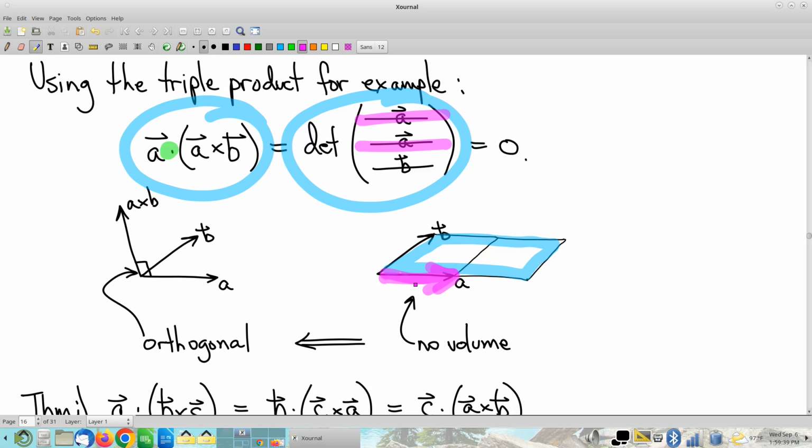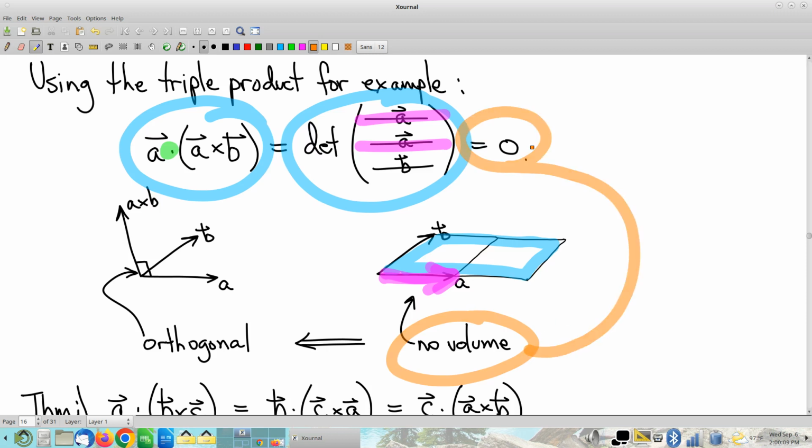If two of those three vectors are the same vector, well, then it's not much of a parallelepiped, is it? It's flat. I like to think of this as a cardboard box smushed for recycling. It has no volume, which means the determinant is 0, which means that this dot product is 0, which means orthogonal.